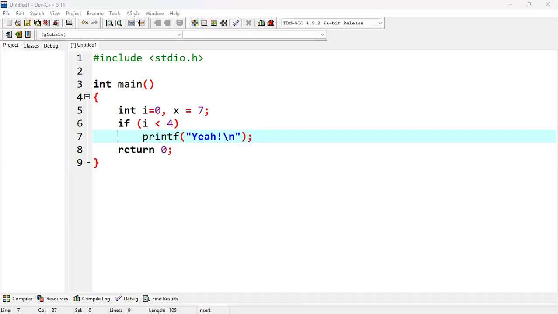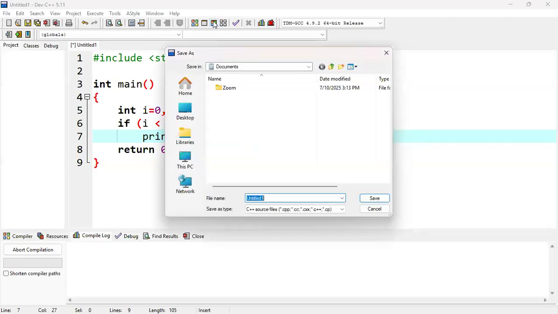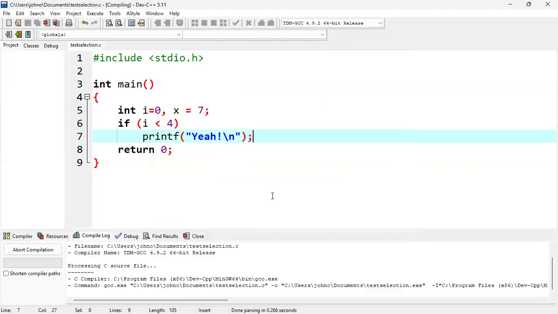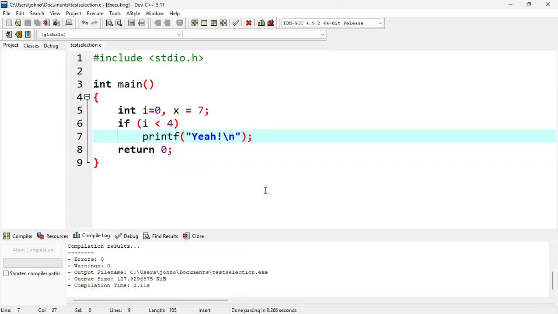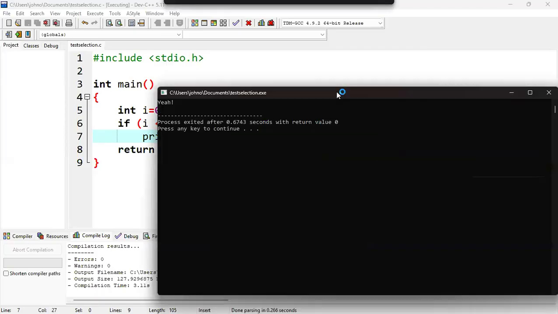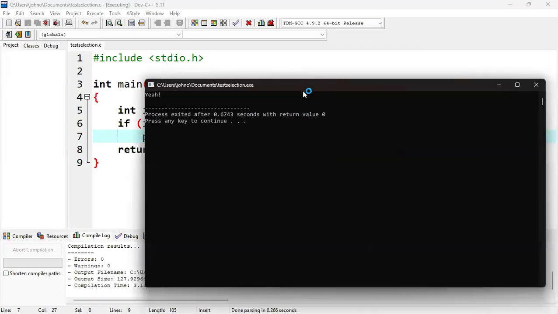So let's run our code. Let's save in documents. It's going to be C code, and then we can say tests for selection. So it says, yeah.